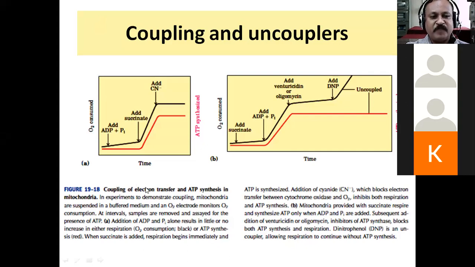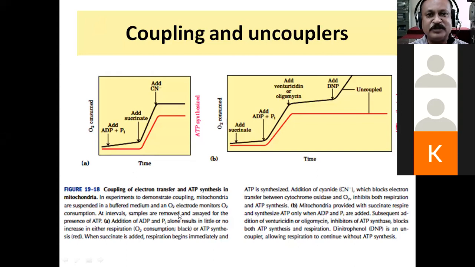Yes, sir. Okay, so this is an experiment where we have a system with a buffer, and in this buffer we are putting isolated mitochondria. Mitochondria are suspended in a buffer, and there is an oxygen electrode.